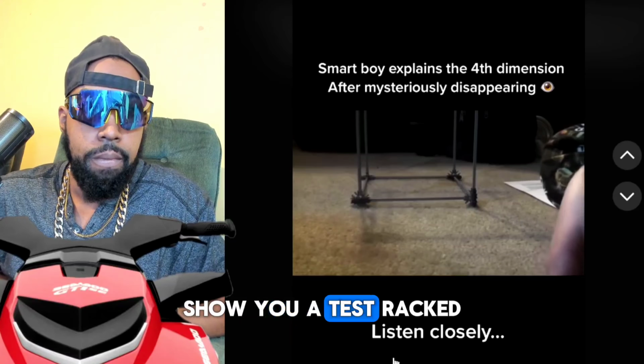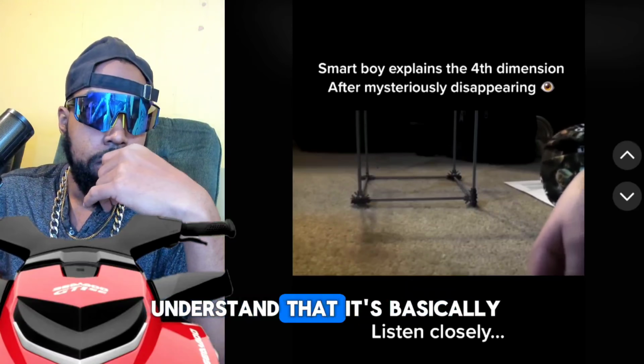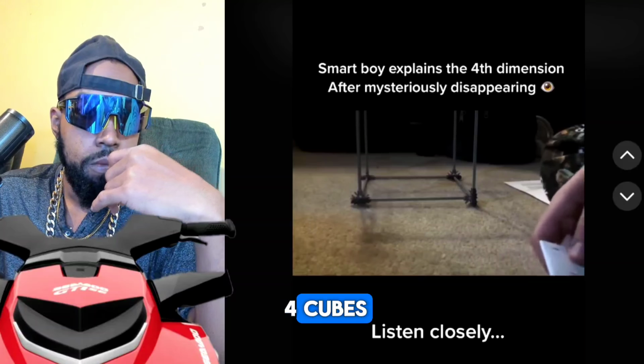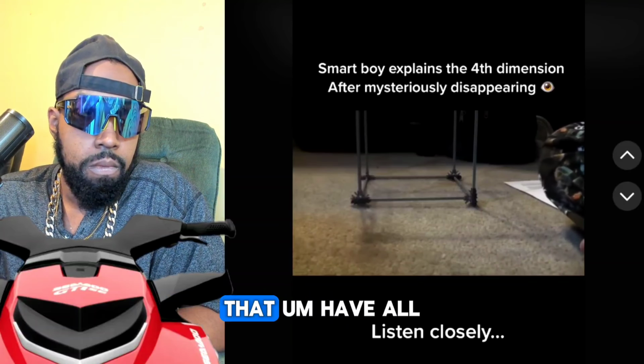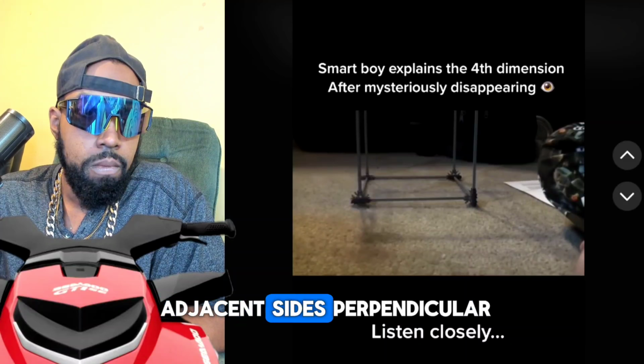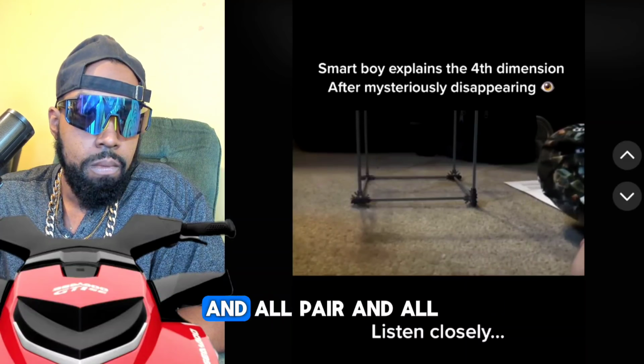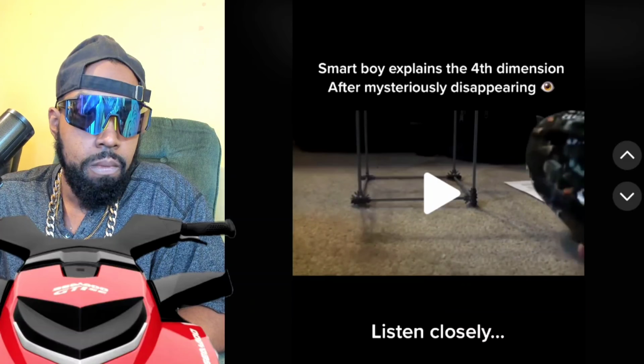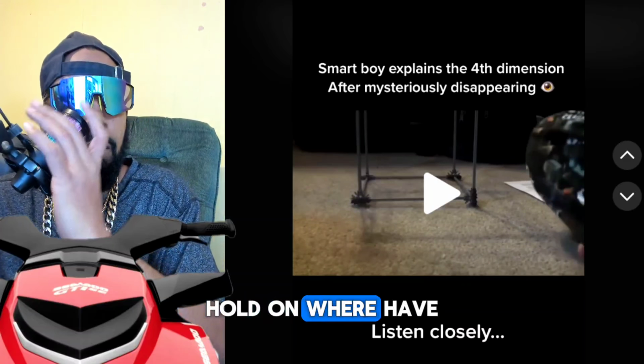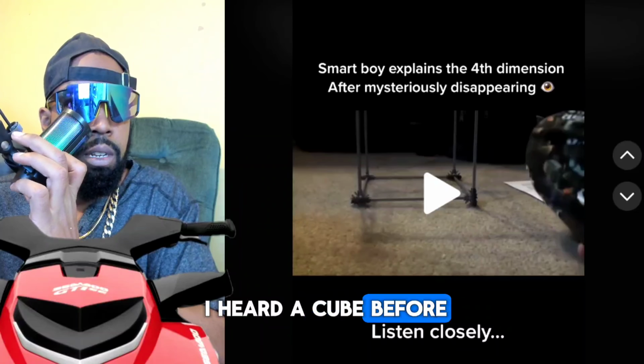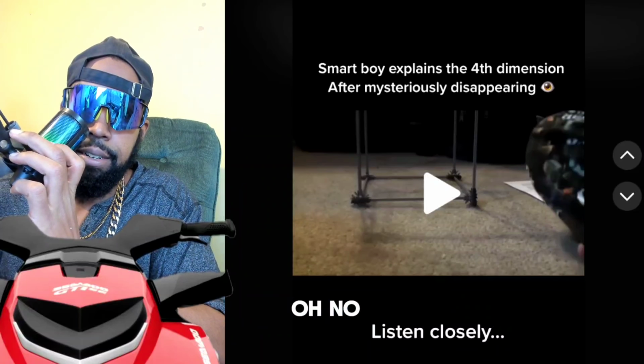Show you a tesseract, but you need to understand that it's basically 4 cubes that are within each other that have all adjacent sides perpendicular and all Hold on, where have I heard a cube before? Don't tell me Saturn.